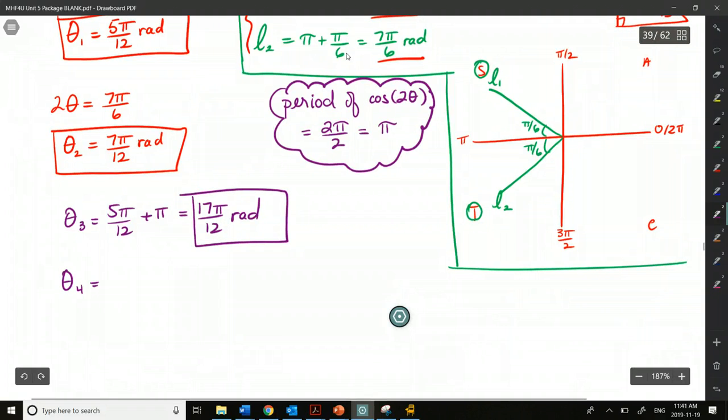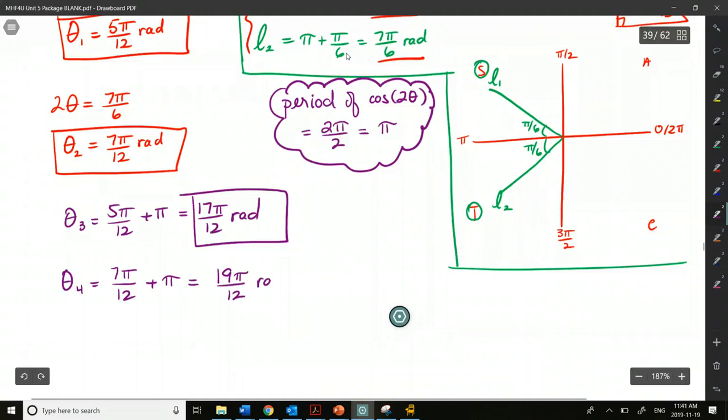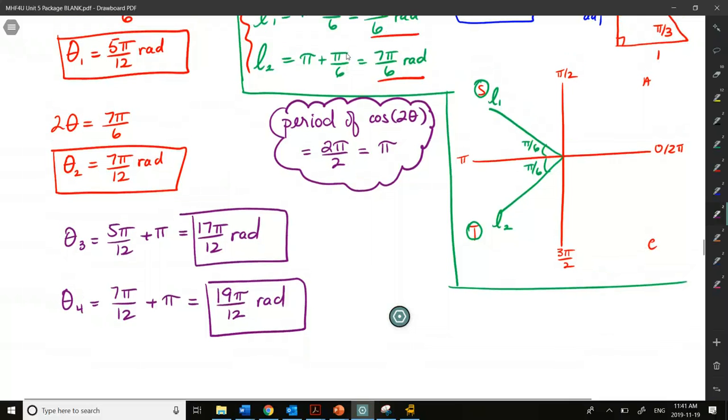And then theta 4 is 7 pi over 12 plus the period, which is pi. So 7 pi over 12 plus 12 pi over 12 gives us 19 pi over 12. Still between 0 and 2 pi? Yes. Okay, if I try to add the period to this, 12 pi over 12 plus 17 pi over 12, I've got 29 pi over 12. That's past 2 pi. So we're out of the range of the answers that we want. Okay, so those are our 4 possible answers.